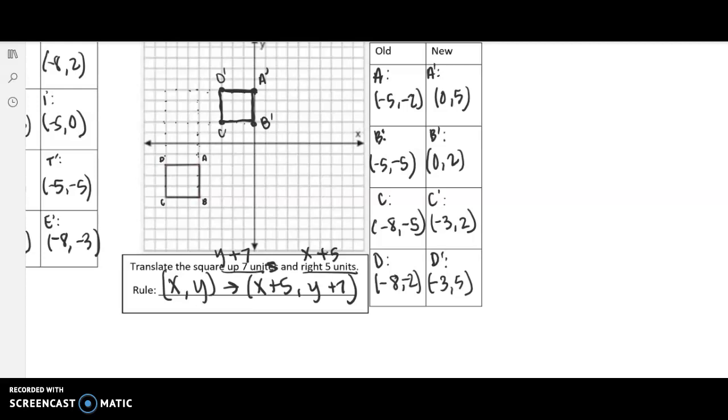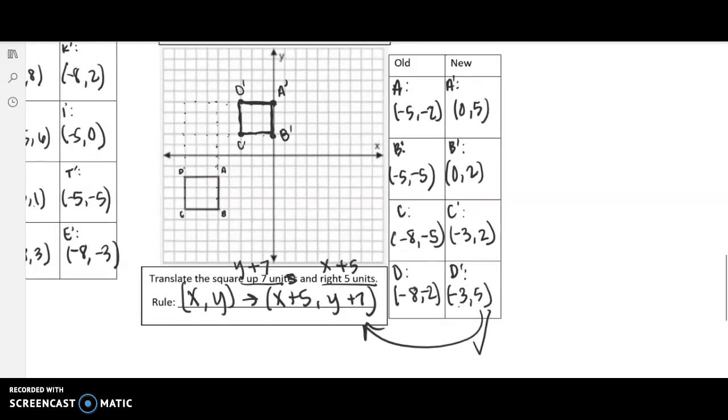Negative 5 plus 7 gives me a positive 2. Negative 8 plus 5 gives me negative 3. Negative 5 plus 7 gives me 2. Negative 8 plus 5 gives me negative 3. Negative 2 plus 7 gives me a positive 5. So my points and my rule, they match. So I know that my rule and all my points are correct.